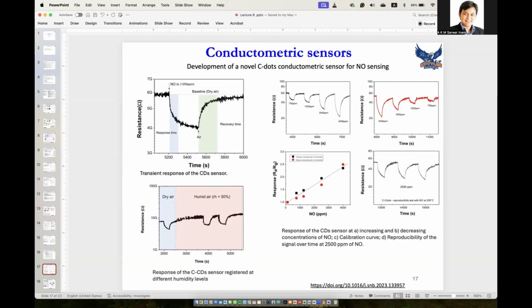So what is happening? The dynamic plot you can see here. Normally we are getting the current.